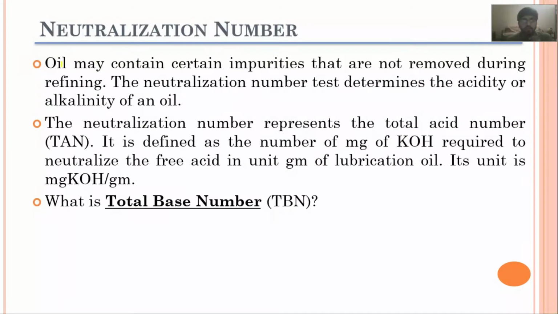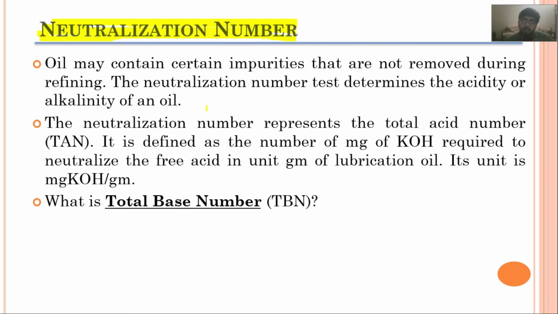Now moving forward, next we have the neutralization number. As the name suggests, it is going to neutralize the amount of acid or the amount of base present in the lubrication oil.